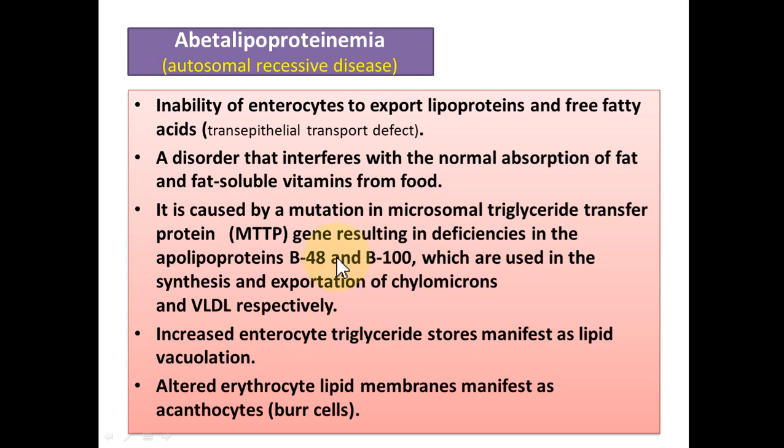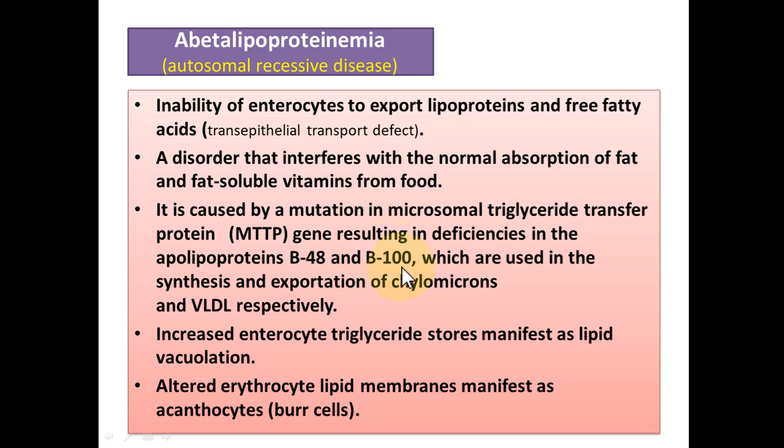Because the protein portion, that is the outer portion of the lipoprotein, is hydrophilic. So abetalipoproteinemia is caused by mutation in the gene known as the microsomal triglyceride transfer protein. And deficiency of this gene will result in deficiency of the apolipoproteins, particularly B48 and B100, which are very important.